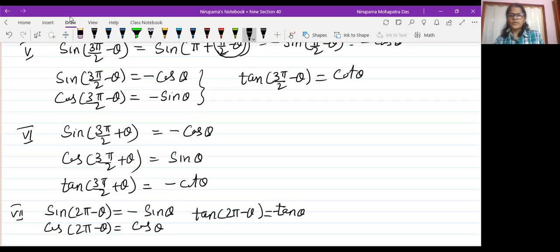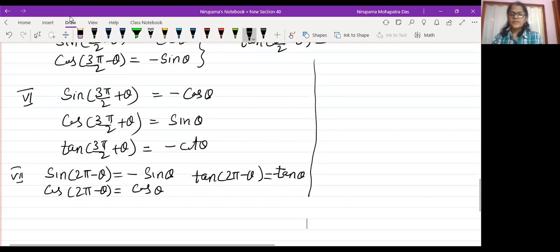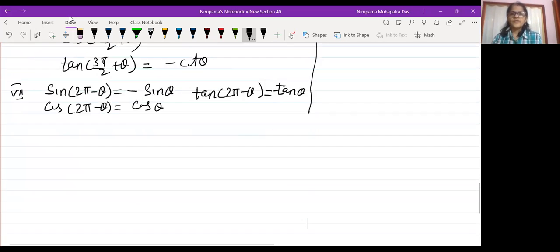So what I am going to tell you here is the trick to remember and apply the formula. From these 7 sets of formulas, we could have observed some patterns. What is my observation from these 7 sets of formulas?